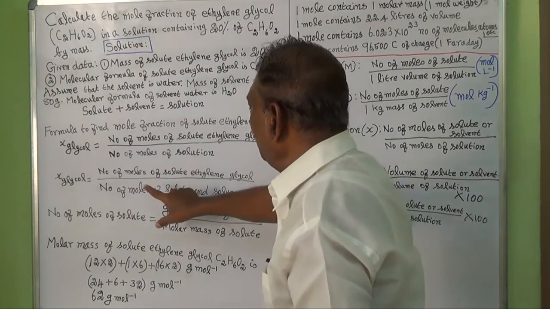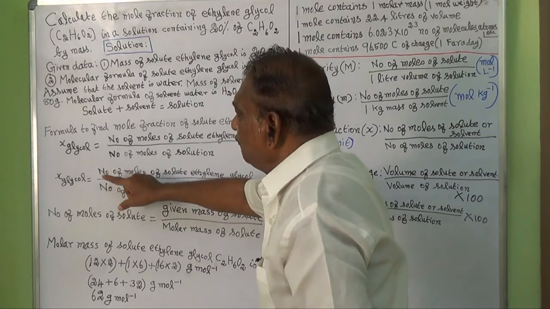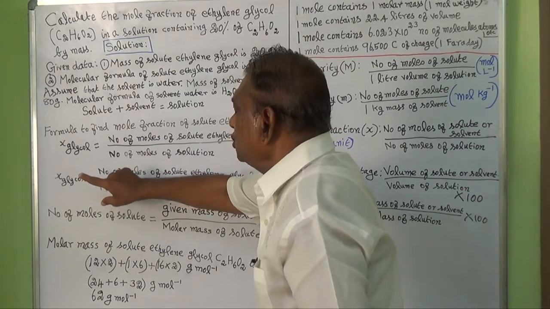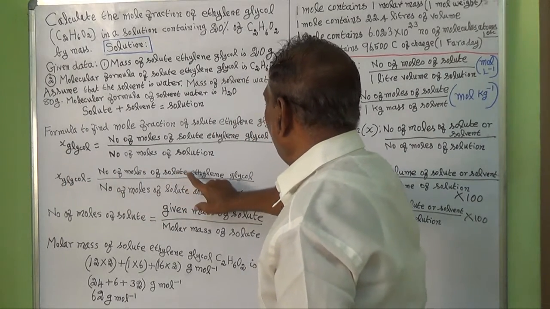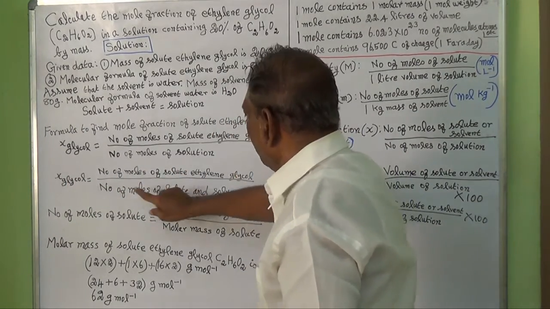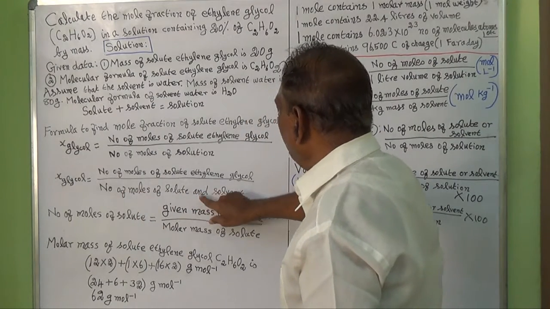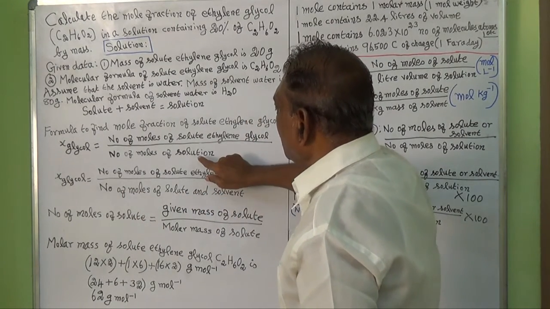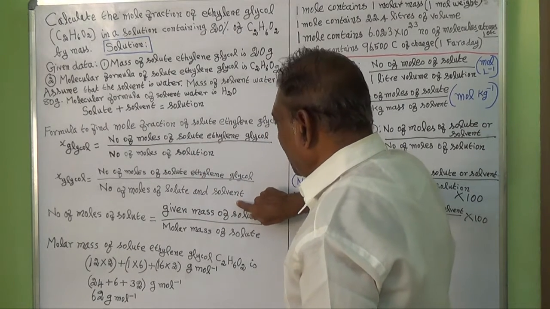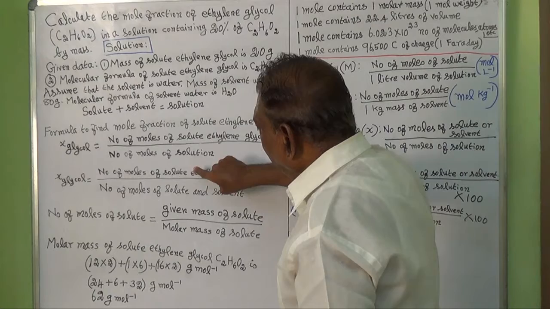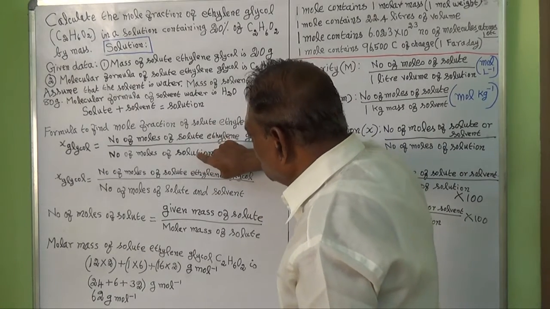Here I have written one more equation for the mole fraction of solute ethylene glycol. Number of moles of solute ethylene glycol by number of moles of solute and solvent. Because in the solution, solute and solvent are present, I am writing solute and solvent in the place of solution.